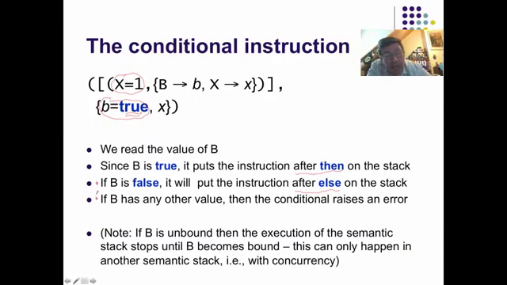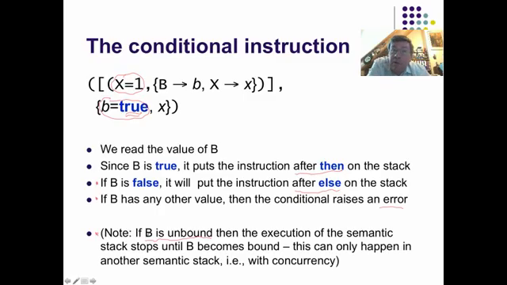If b had any other value other than true or false, that would be an error, and we would raise an error condition using a concept called exception, which we'll see later in the course. And there is yet a fourth possibility. What happens if b is unbound? If that occurs, then we cannot continue the execution of this semantic stack.